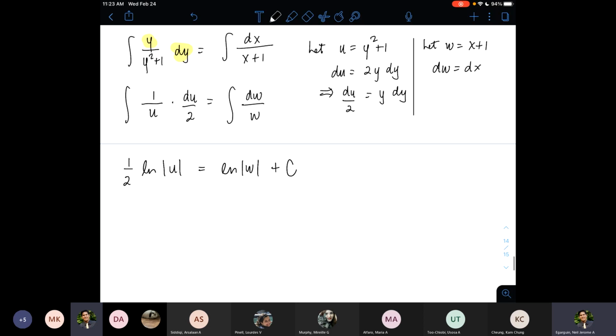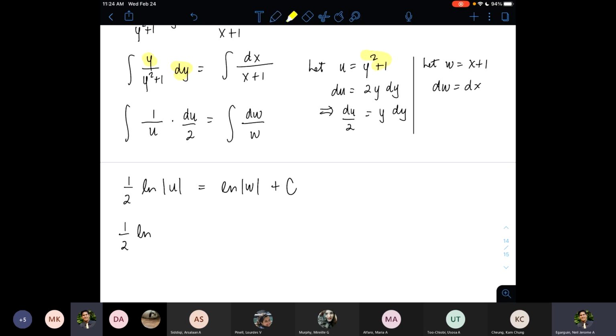And then I'll revert to the original variables. I'll have 1/2 ln of u, but u is y squared plus 1. And I know that y squared plus 1 is always positive, so I can remove the absolute value bars and just replace it with plain parentheses, equals ln of the absolute value of w. But w stands for x plus 1, and x plus 1 can be negative, right?